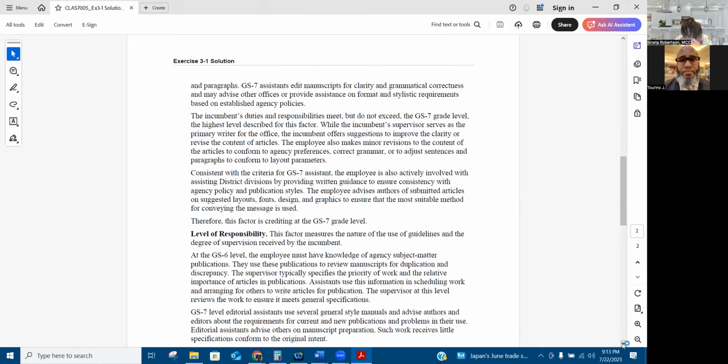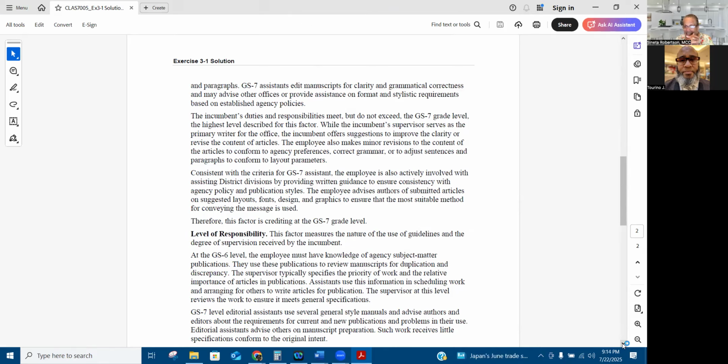The incumbent's duties and responsibilities meet but do not exceed the seven, the highest level prescribed for this factor, while the incumbent supervisor serves as the primary writer for the office. The incumbent offers suggestions to improve the clarity or revise the content of articles. So this kind of explains why I didn't go to the next level either.